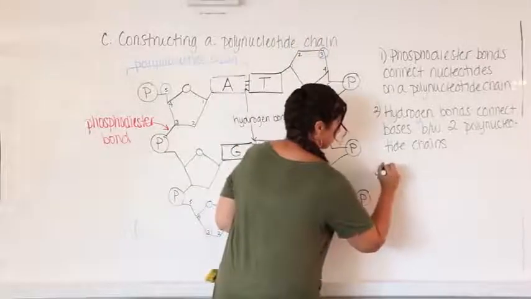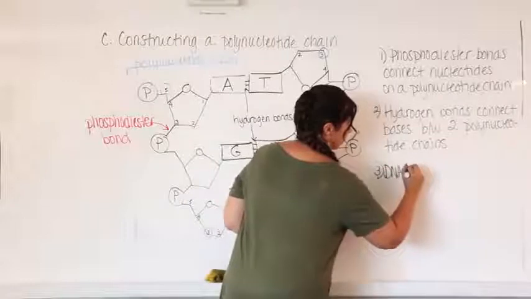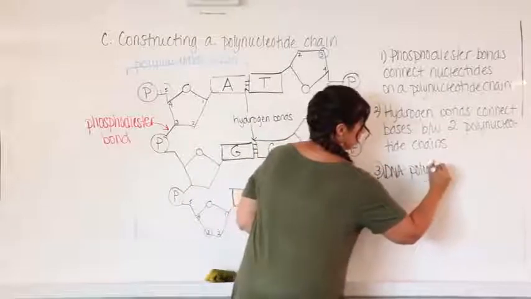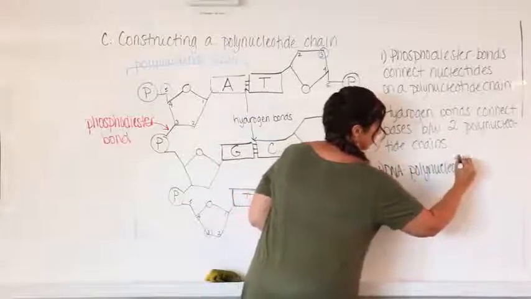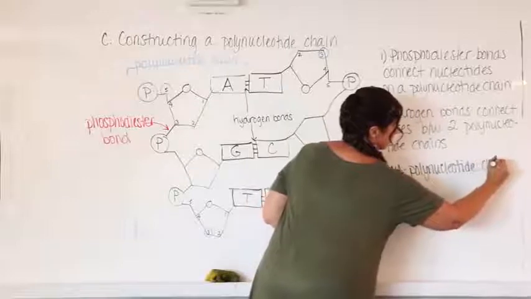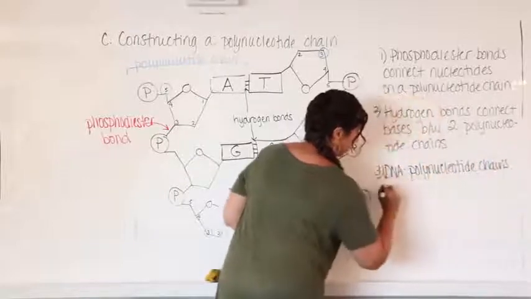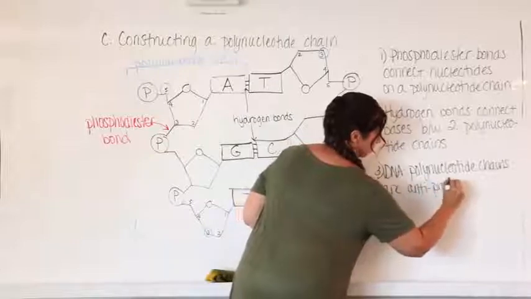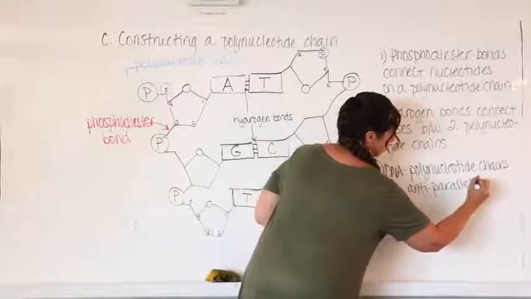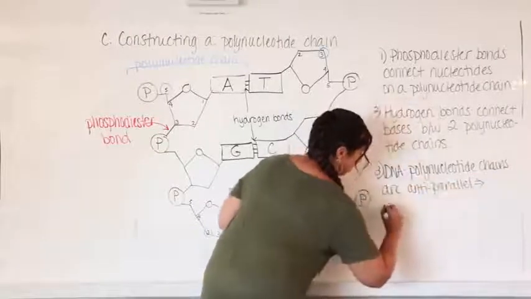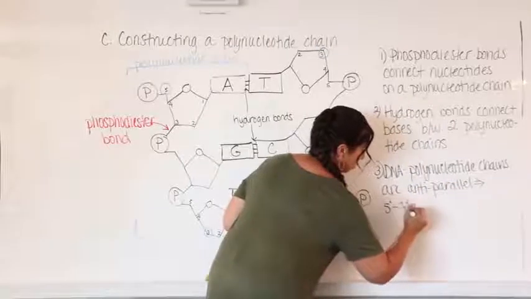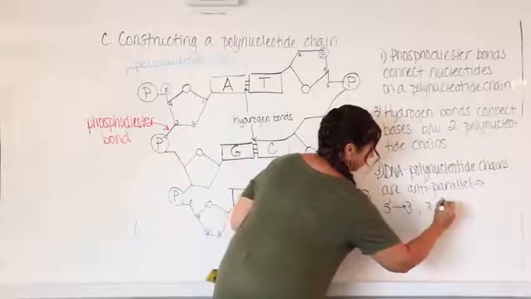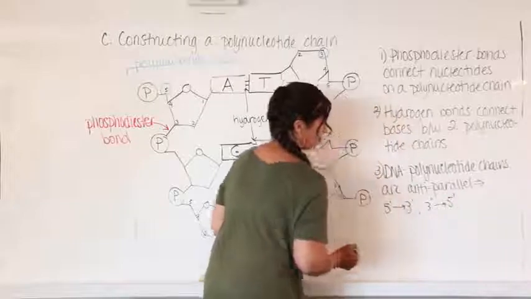So lastly, in DNA, polynucleotide chains are anti-parallel. Meaning you have 5' to 3' on one side and then 3' to 5' on the other side.